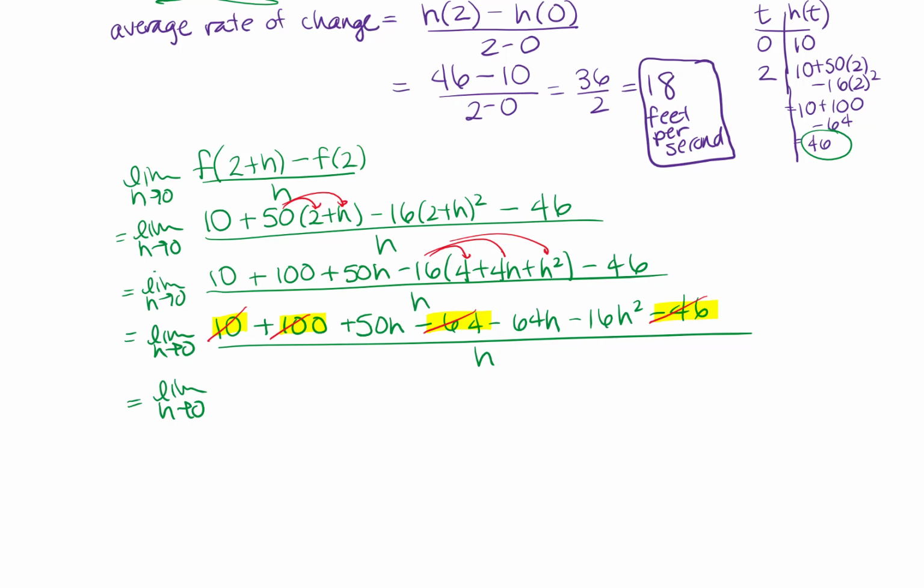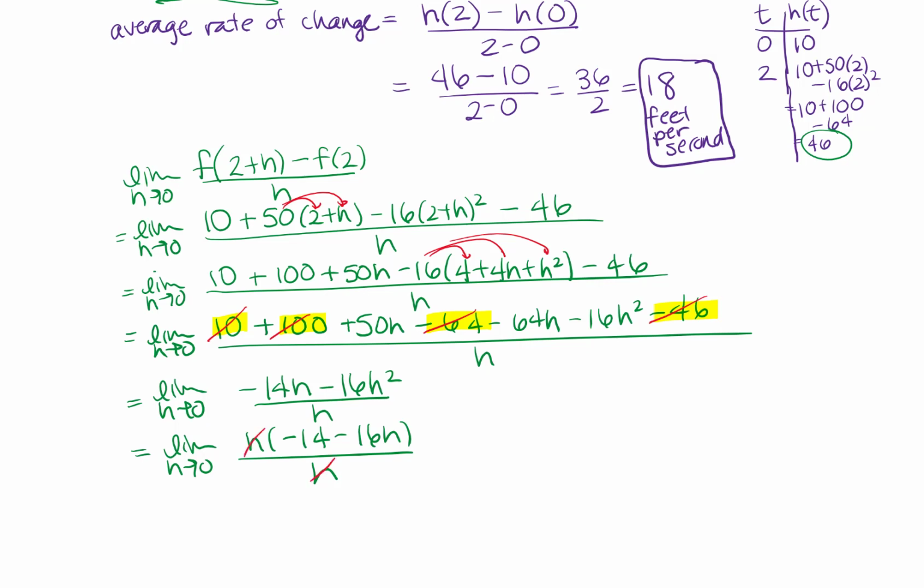Those don't completely cancel, so it looks like I'm left with minus 14h and then minus 16h squared all over h. All right, so then I can factor an h out of the numerator. I have a common factor of h, minus 14 minus 16h left. And then another fun part, cancel.